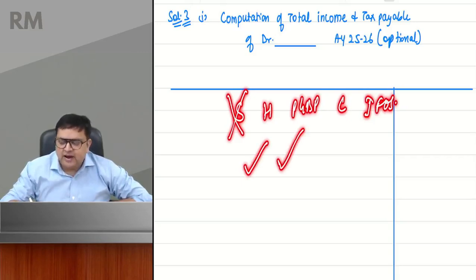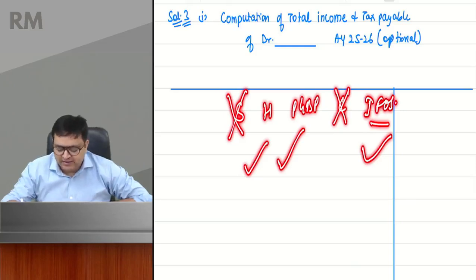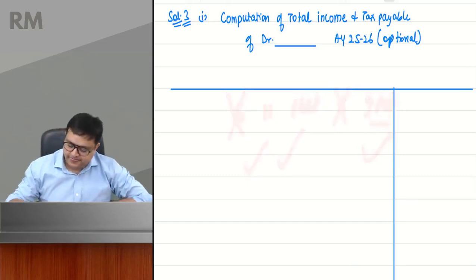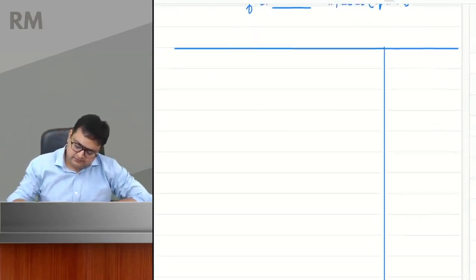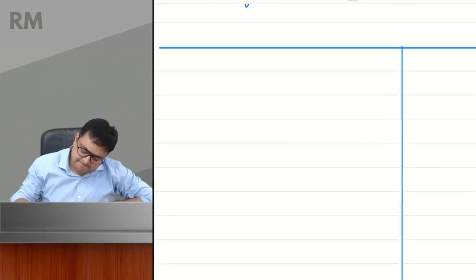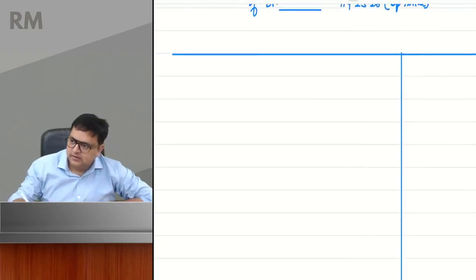Capital gain, have we sold any capital asset over here? I didn't find any. IFOS, yes, we have. We have not sold or transferred any capital asset. Salary income we don't have. So let us start with the house property.